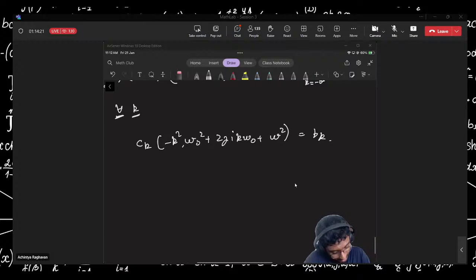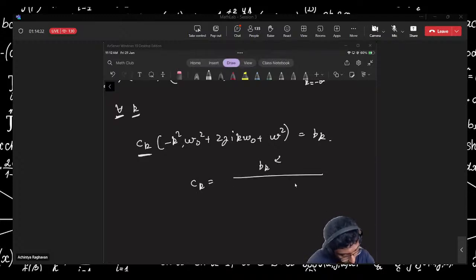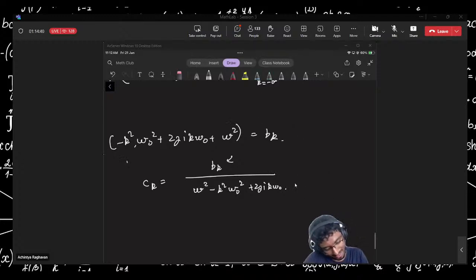And remember what we wanted to find. We wanted to find ck because ck is part of the solution. So our solution for ck is equal to bk, which is a given quantity, divided by omega squared minus k squared omega naught squared plus 2 gamma ik omega naught. And yes, this is our final answer.